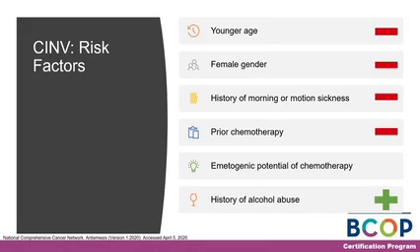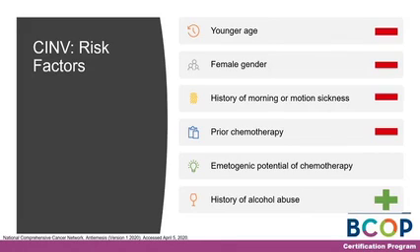Also, in patients with a history of morning sickness or motion sickness, patients who have received prior chemotherapy, particularly if they've had nausea and vomiting in the past or if their nausea and vomiting was severe or poorly controlled. The emetogenic potential of chemotherapy is certainly going to contribute to the patient's risk, and this can be dependent upon the agents themselves, the doses that are administered, the schedule, and the administration.